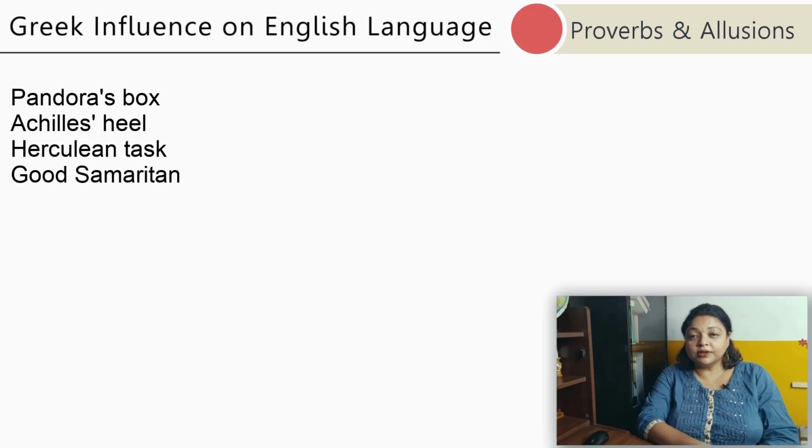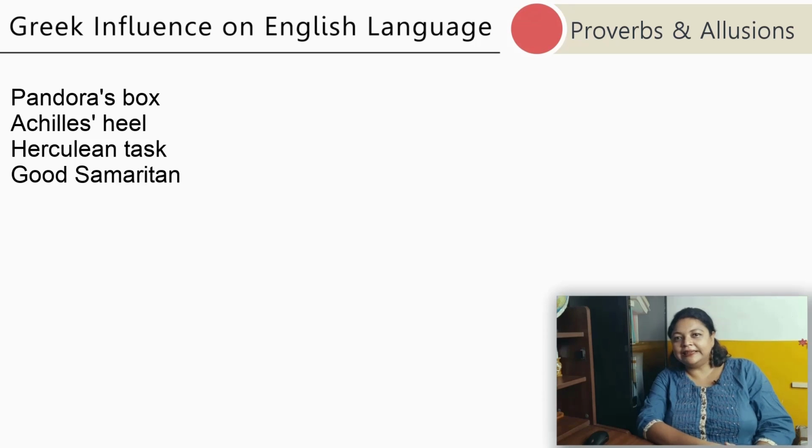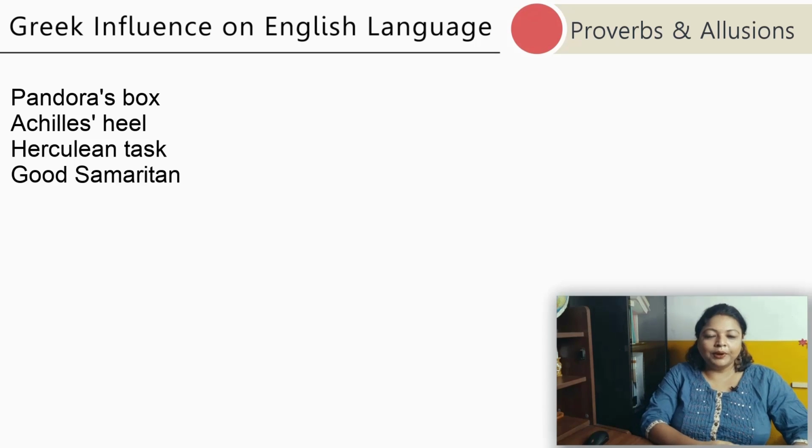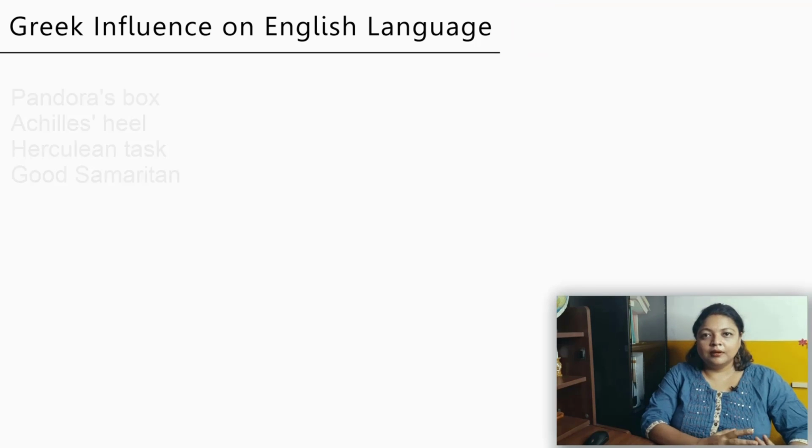Expressions like Pandora's box, Achilles' heel, and Herculean task, and many such expressions were becoming a part of English conversation even.